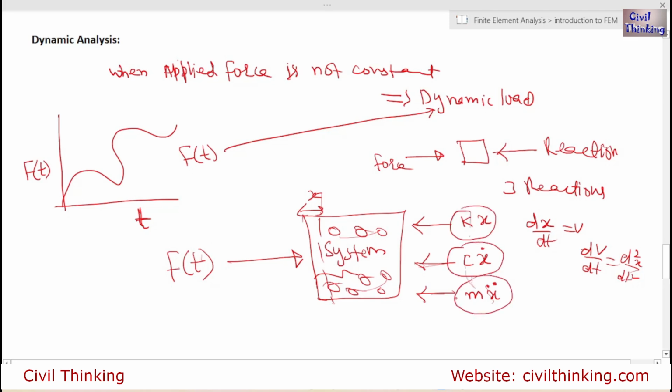Why reactions? Because all of them will oppose the effect.